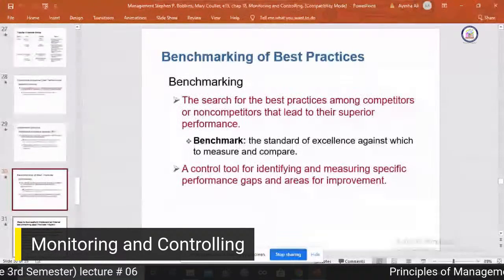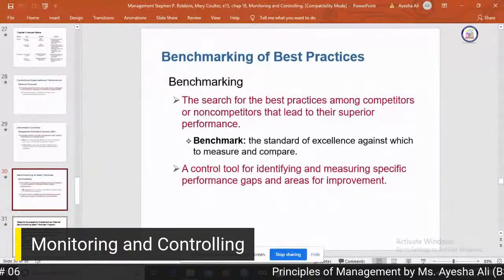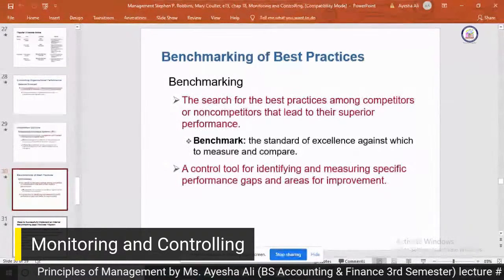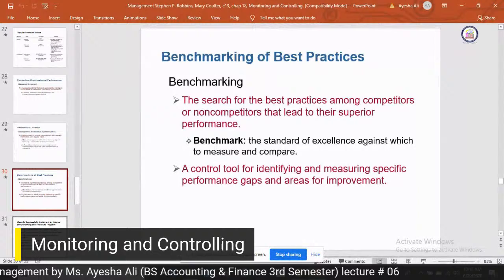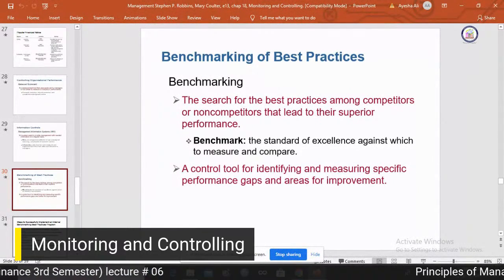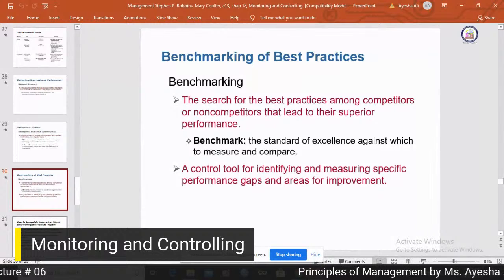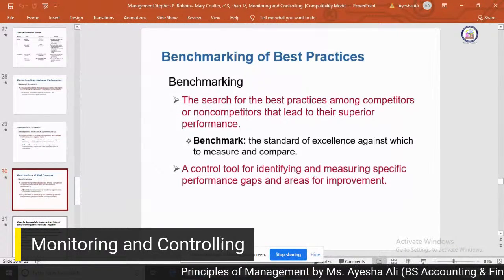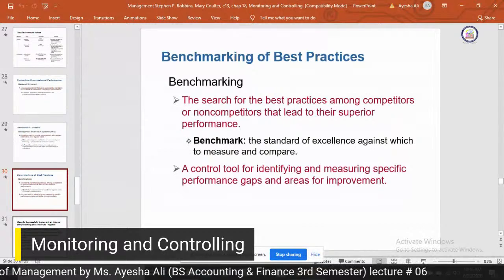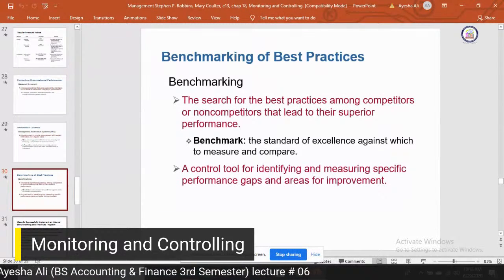And then we have benchmarking. Basically, benchmarking is about the standards, and we are searching for the best practices among competitors and non-competitors. We can adopt any company's good practices.